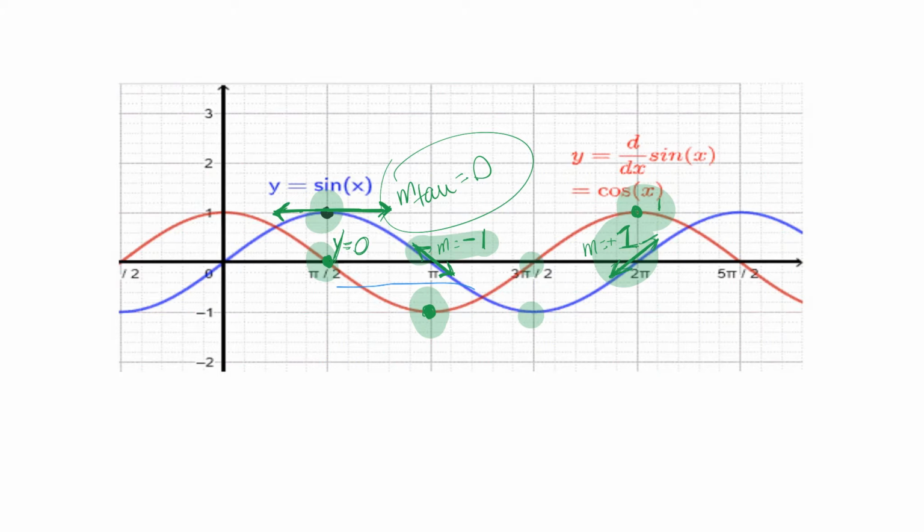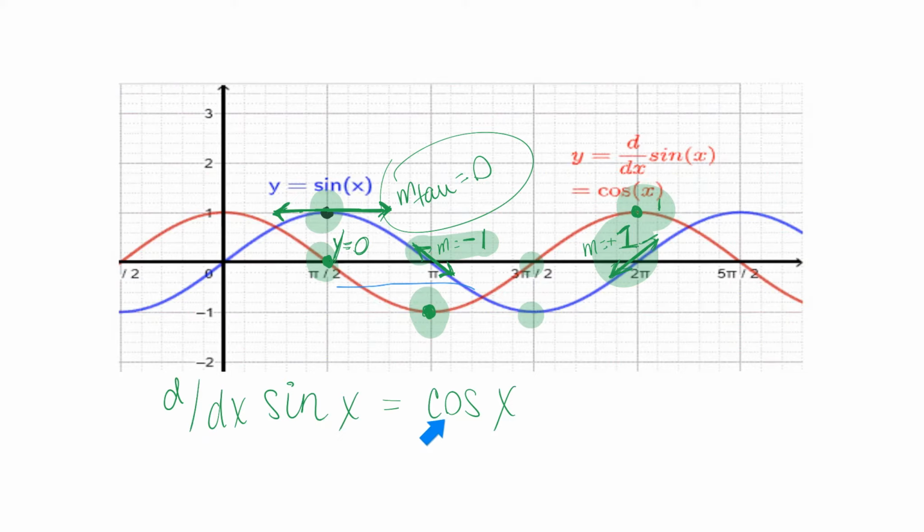So what we can derive from this is that the derivative of sine is cosine. The slope of sine is the value of cosine at that particular x, right? I'm going to say it one more time.